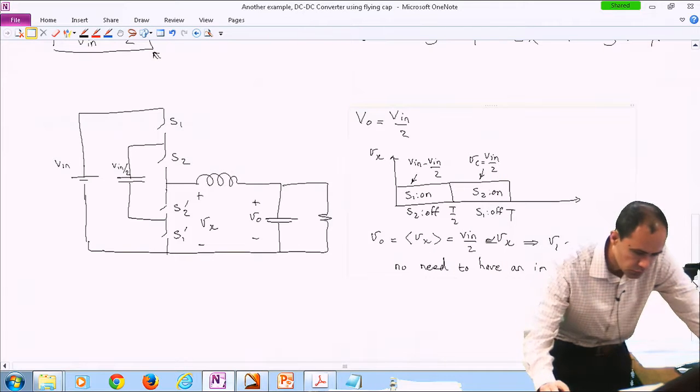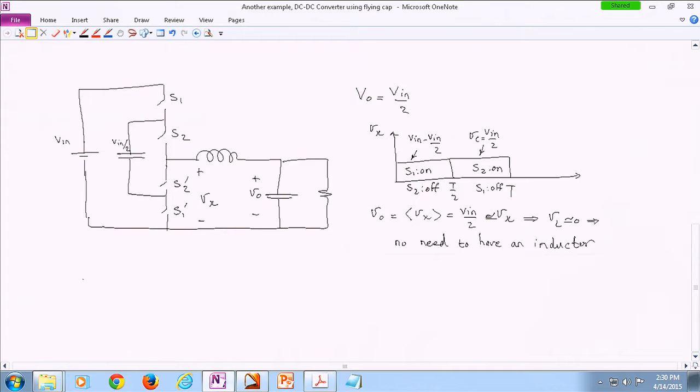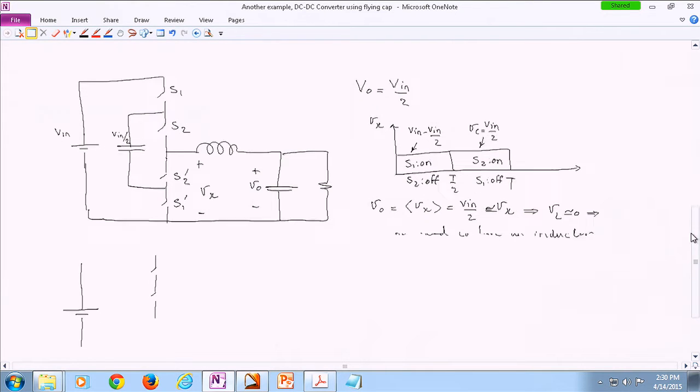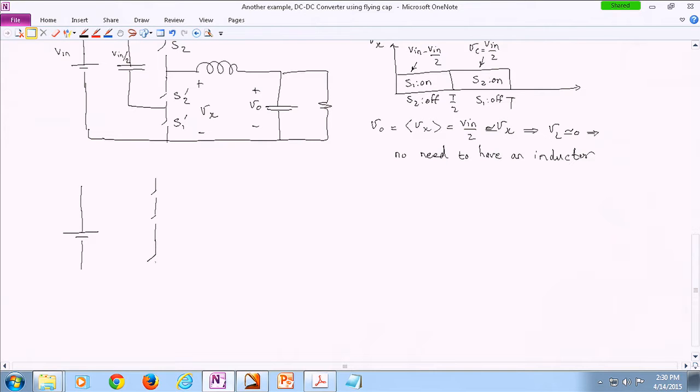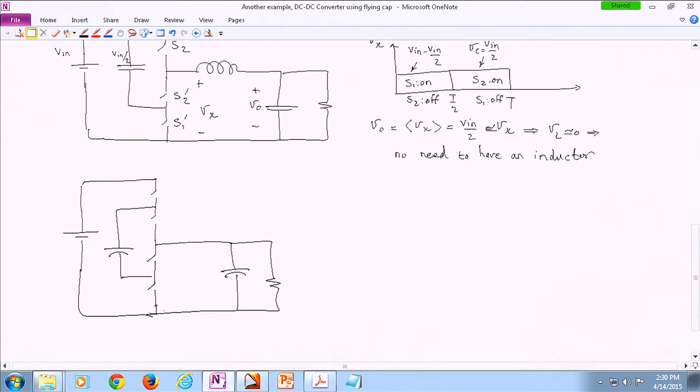All right, so if you eliminate the inductor, let me draw the switches first. Okay, something like this.